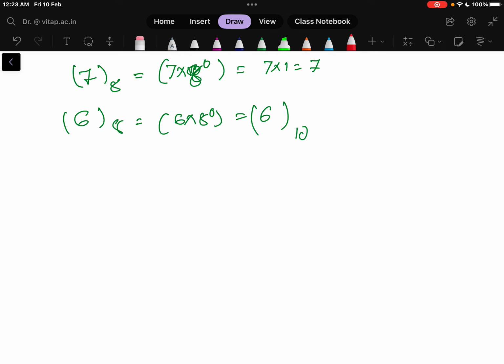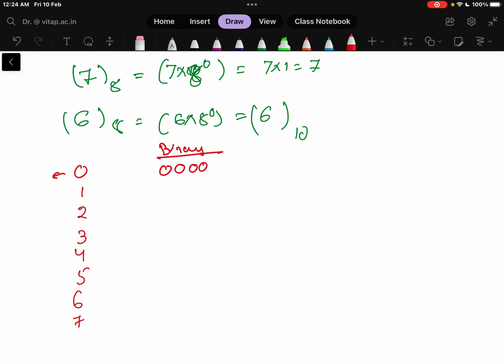In the octal number system we have the digits 0, 1, 2, 3, 4, 5, 6 and 7. I need to represent these in binary. How to represent? 0 is 0 0 0, three zeros you can write. Why am I taking 0 as 0 here? Because 0 in the octal system is the same as in the decimal system.